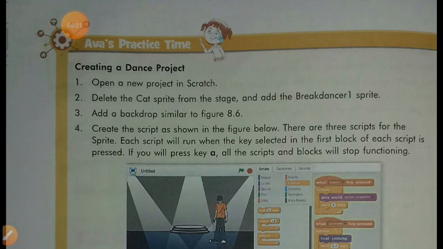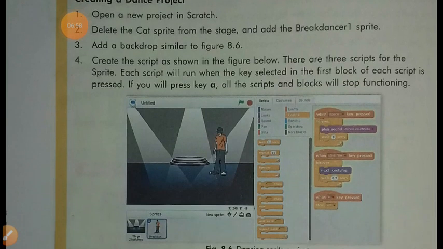First of all, open a new project in Scratch, then delete the cat sprite from the stage and add the Break Dancer 1 sprite, and then add a backdrop similar to figure 8.6. You have to add a background like figure number 8.6, and then create the script as shown in the figure below.